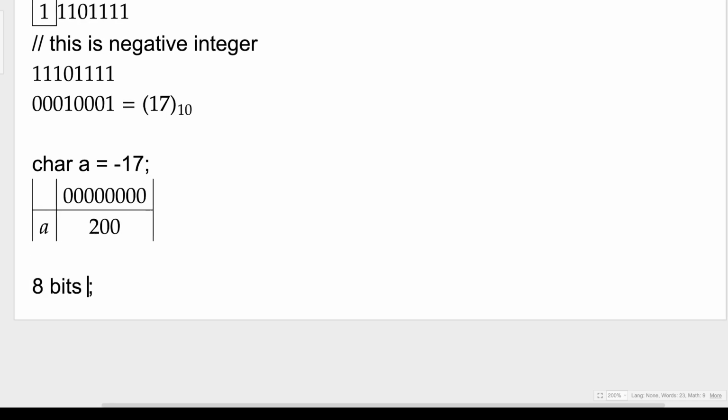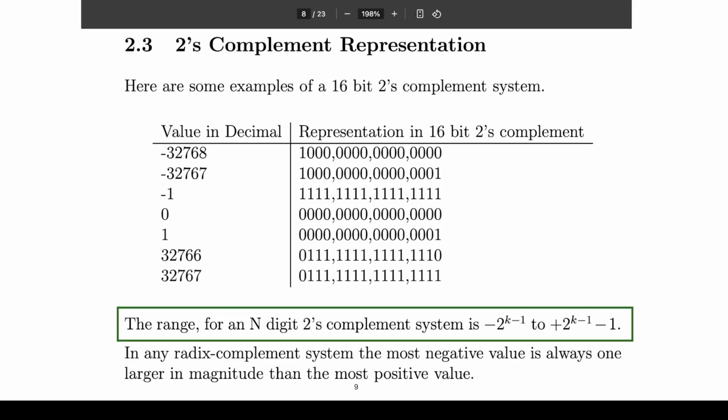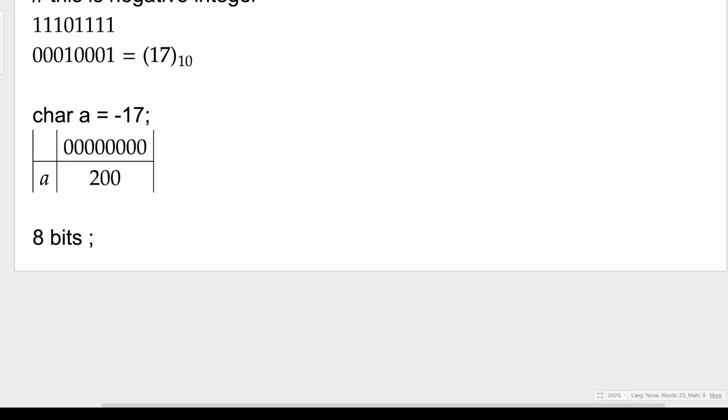Just now we have talked about the range, that is, if I have k bits, right?